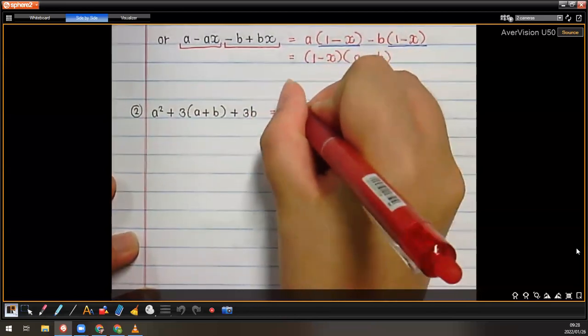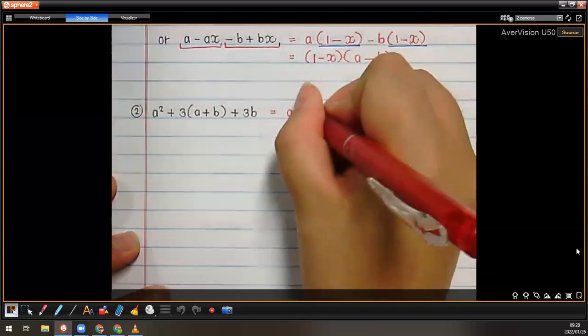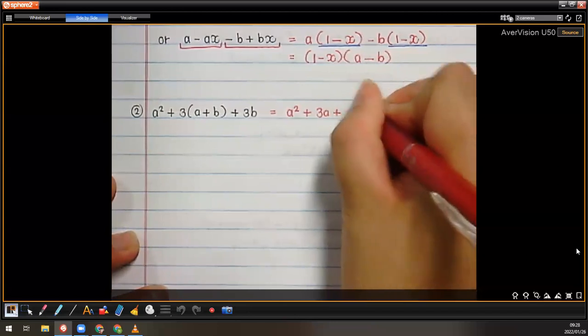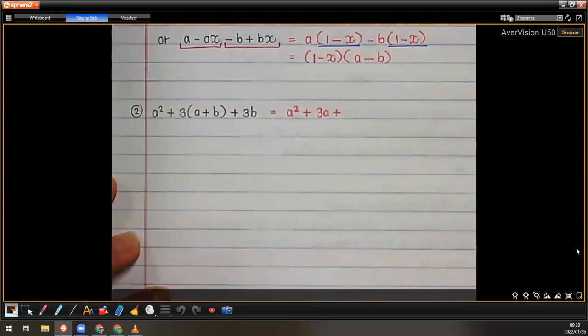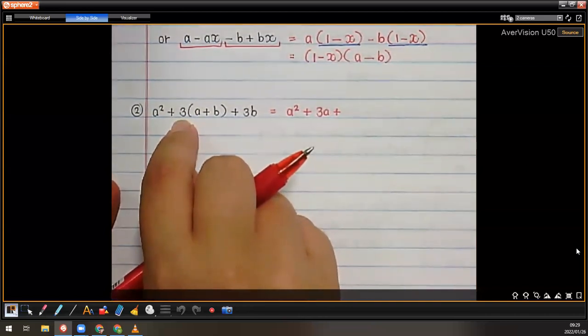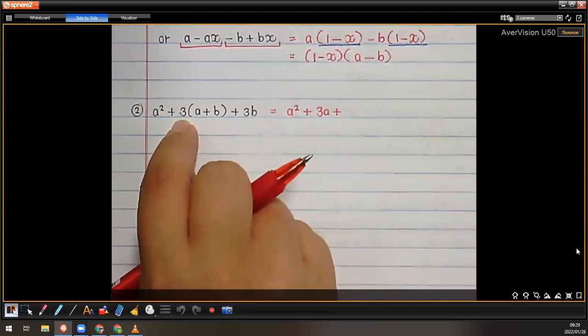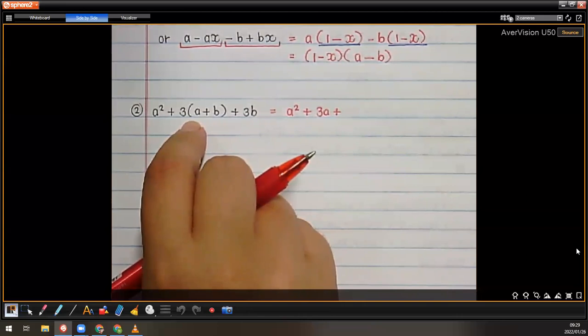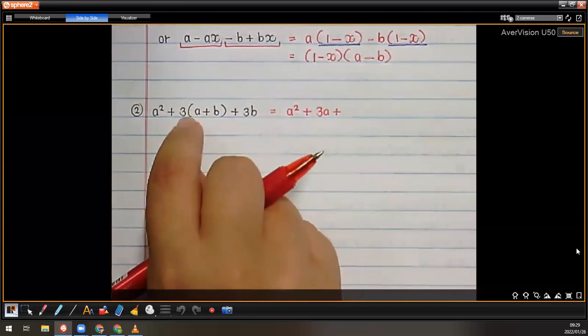We're going to leave the a squared as it is, plus 3a plus 3. I write it backwards. Oh, sorry guys, this is supposed to be an a. Oh no. Let me just check. A squared plus a. These two are supposed to be swapped around.